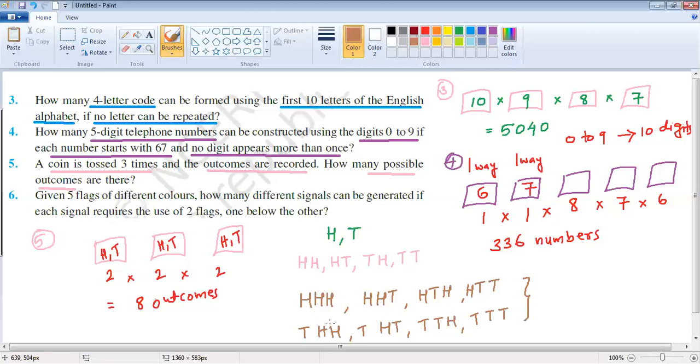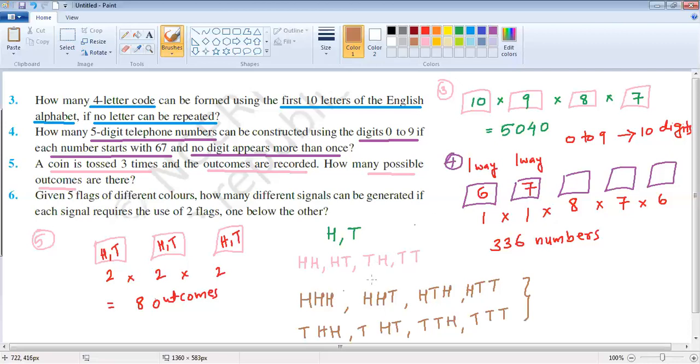Then HTH first time head, second time tail, third time head. Then HTT first time head, second time tail, third time tail. Then tail head head, tail head tail, tail tail head, tail tail tail. These are the 8 outcomes.